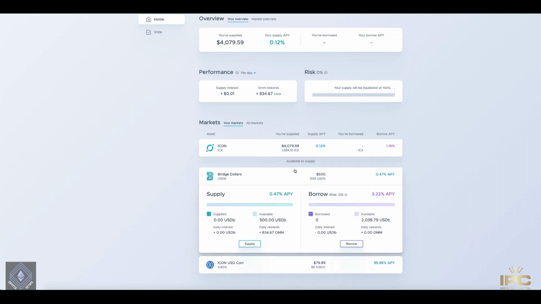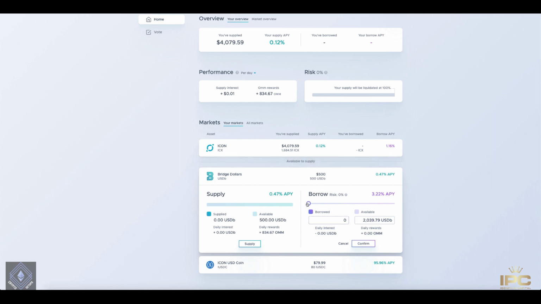Now over here I've supplied ICX. Now I have some bridge dollars here, but say because I've supplied, I can actually borrow USDB. So for example, if I wanted to get some money out to my bank account, what I could do is supply some, instead of selling it, supply some of my ICX here that automatically gets staked.